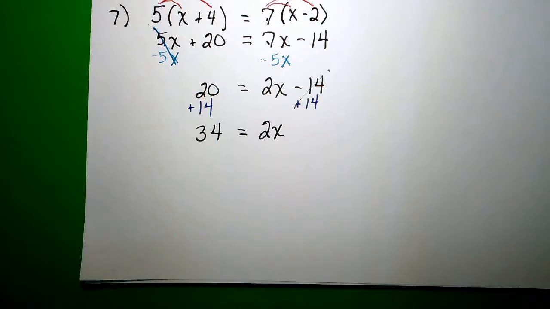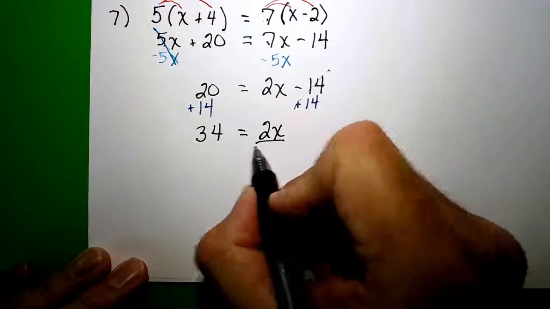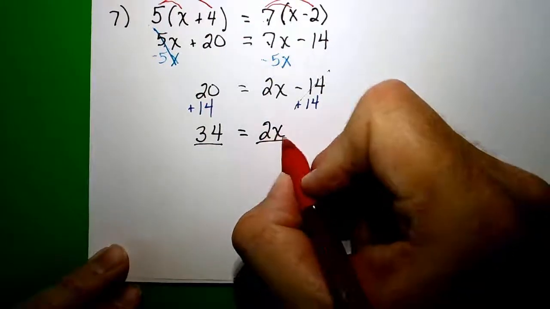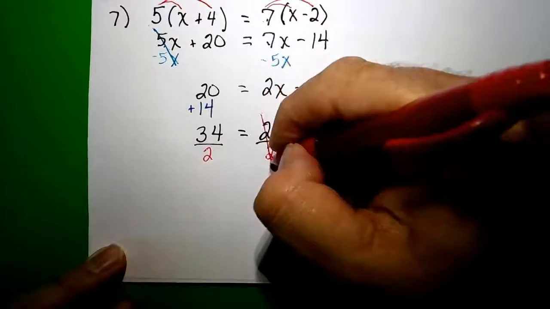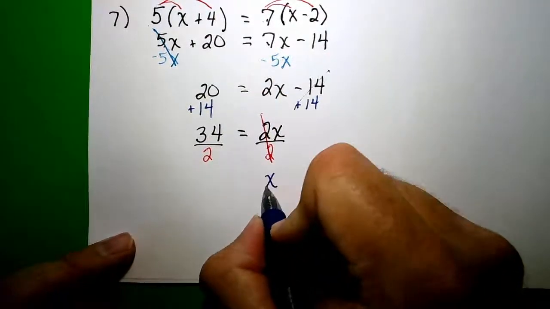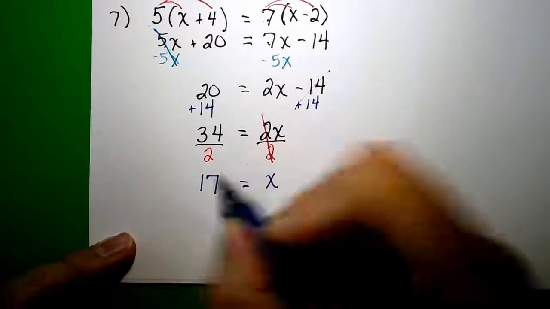And now what am I going to do? Divide both sides by what? By 2 or by 34? Well, by 2. You're trying to get the x by itself. Divide both sides by 2. So we now have the x by itself on the right. And what number do we have on the left? 17?